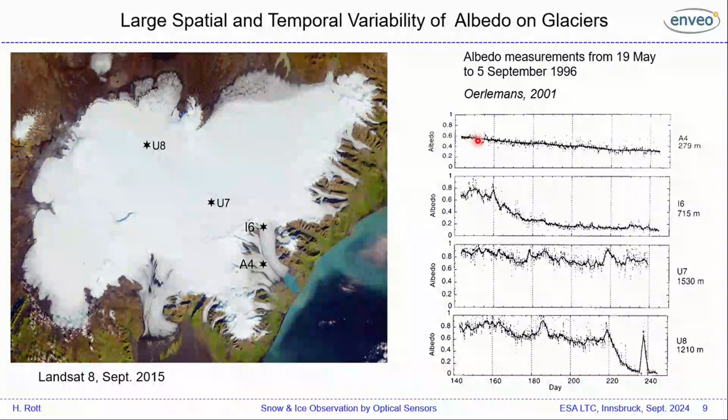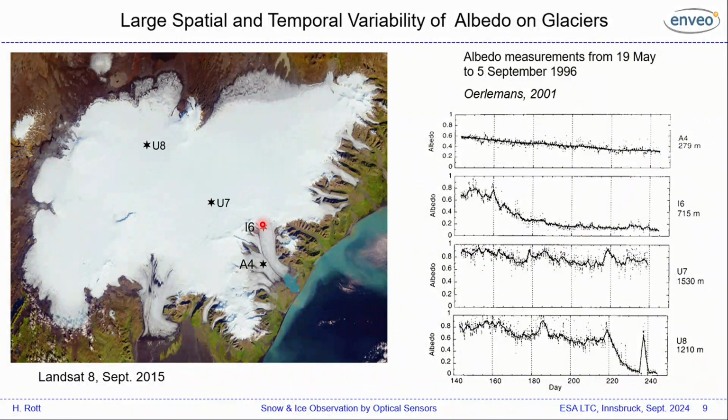and we can see here that there's a gradual decrease of albedo during summer, which is quite continuous, which means that there may have been a little bit of snow there, but it's essentially linked to glacier ice, which gets more polluted.